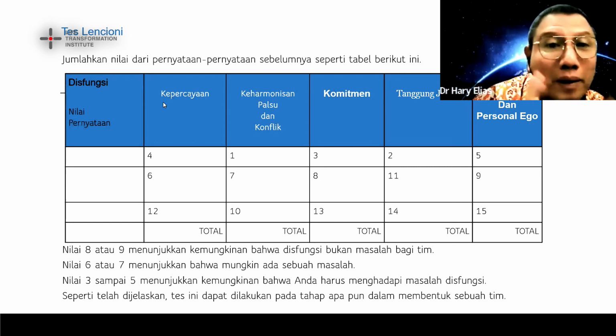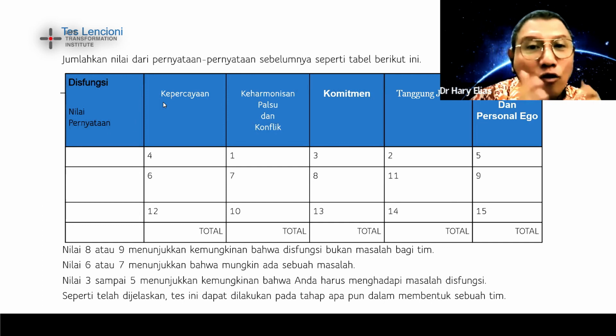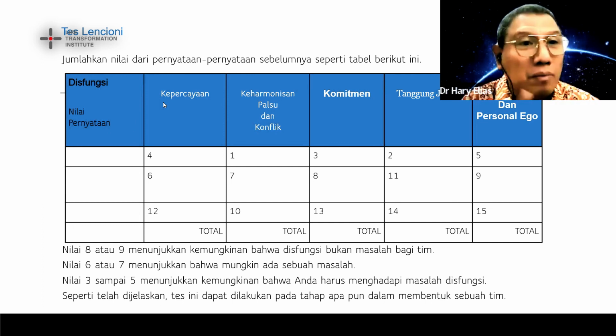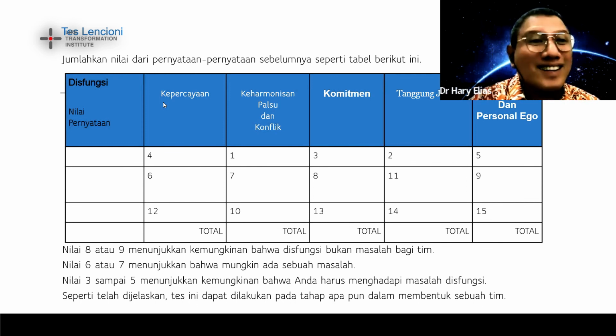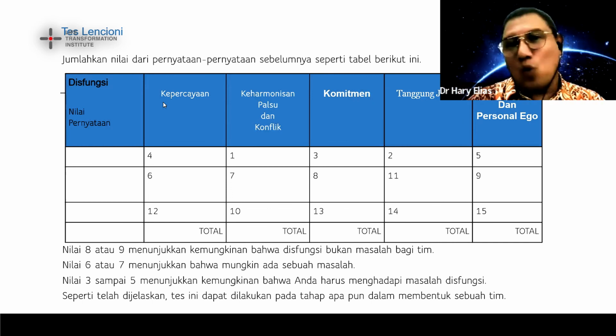There is a problem. There is a problem in your team, for example, on conflict or keharmonisan. There's a problem with commitment. Maybe there's a problem with the tanggung jawab. There's a problem about personal ego.